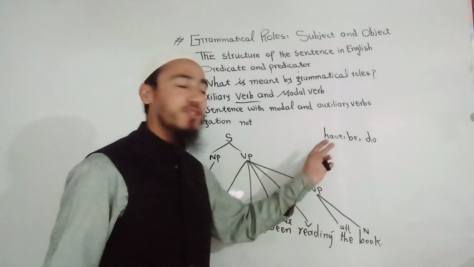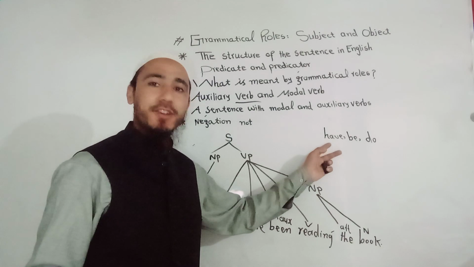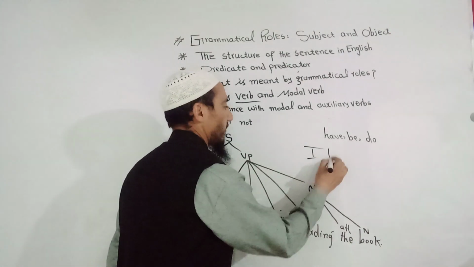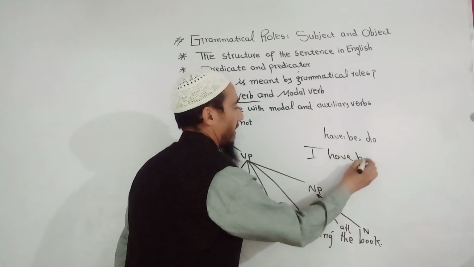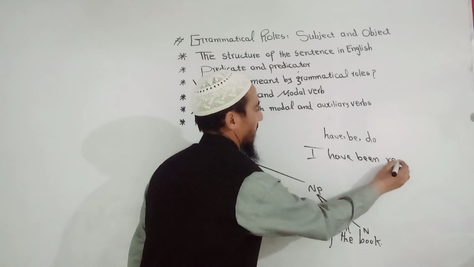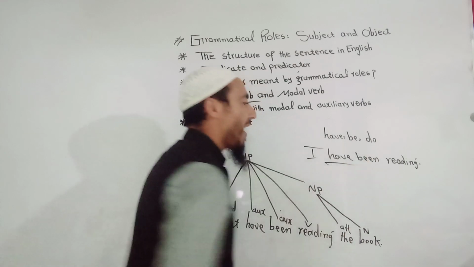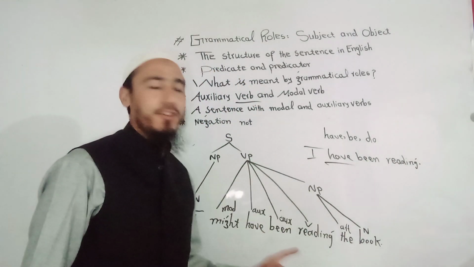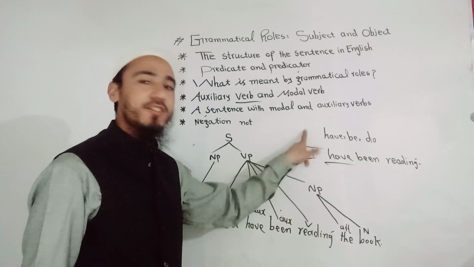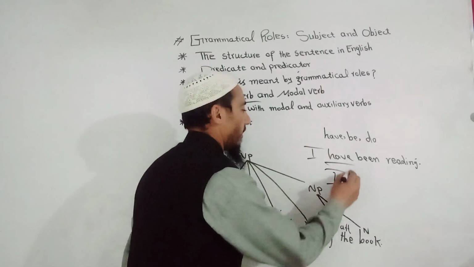How does have function as an auxiliary verb? For example, "I have been reading". Here, have is functioning as an auxiliary verb, but how does it function as a main verb? "I have a book."